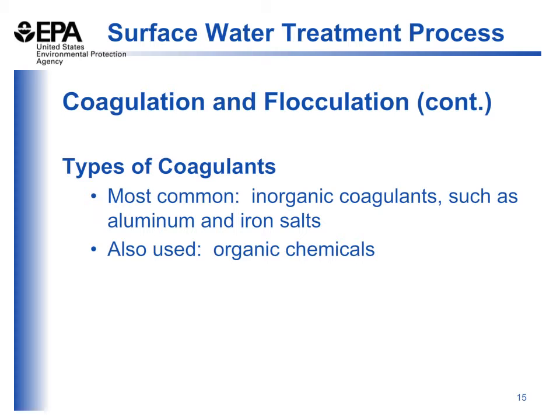Organic chemicals don't impact the pH, but they can be expensive to use, and there are other considerations with their application as well. So as you select a coagulant to use with your drinking water system, one of the considerations you'll have to look at is how the pH of the water may change and how that may affect future treatment processes prior to the water going out into the distribution system.